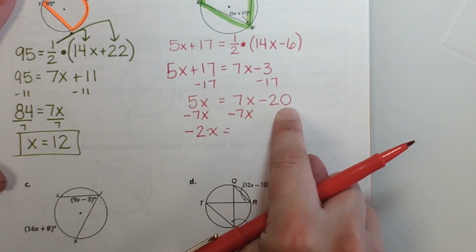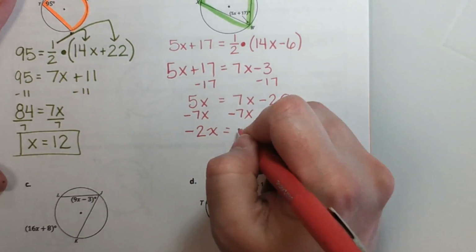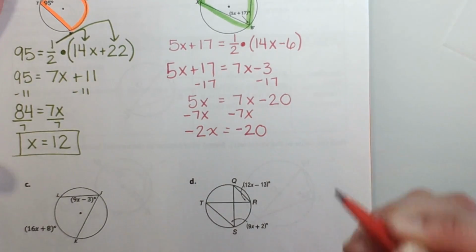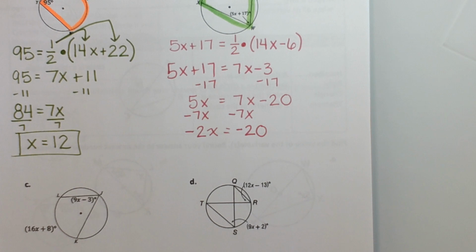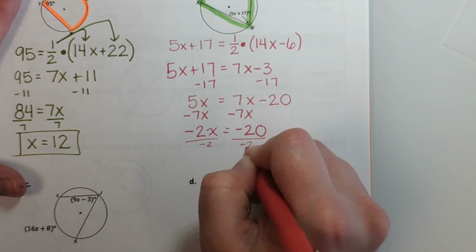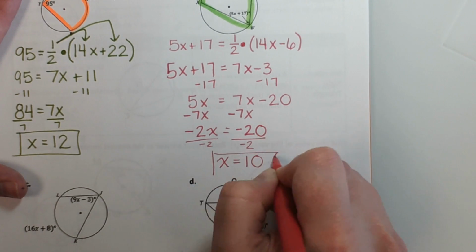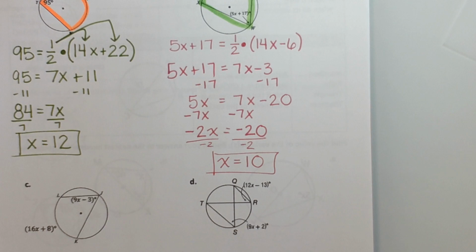That minus is stuck on the 20, not on the 7. So we subtract the 7, and the 20 is still negative. BG, how do I finish? 5 by negative 2. Negative divided by a negative. Positive 10. Beautiful. I love it.